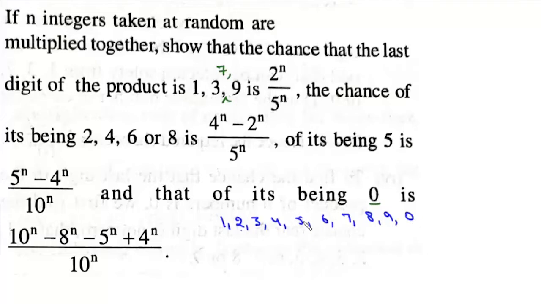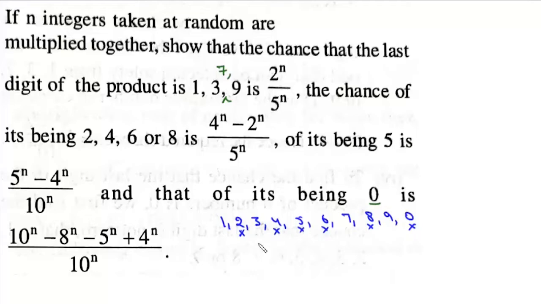And if we multiply it with 5, then it will end with either 0 or 5. So that means we cannot choose 2, 4, 5, 6, 8 and 0. So the chances that the last digit of the product is 1, 3, 7 or 9 is if we choose the numbers whose last digits are 1, 3, 7 and 9.